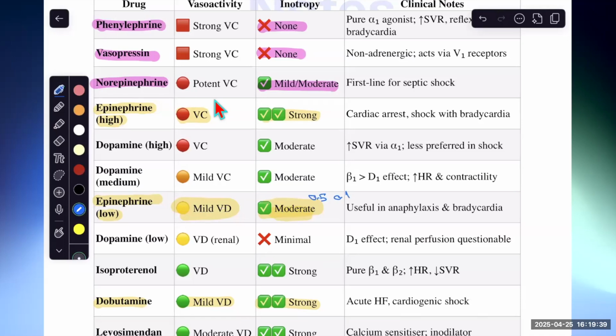If you increase it to 0.1, I think it will also be strong. So low dose adrenaline is almost like dobutamine: mild vasodilation and strong contractility.